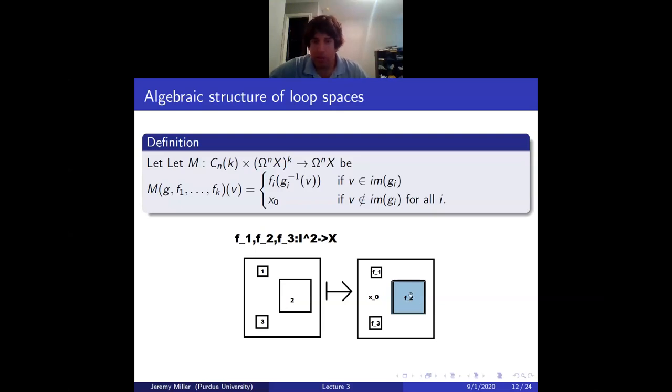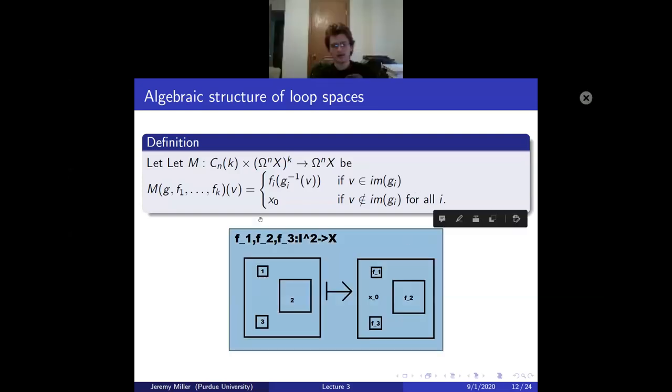So you've given me a point in this little cube. We have a homeomorphism between this little cube and a standard cube. So you gave me this point, take the inverse of the identification of the little cube with the big cube, and then apply the function F2. And then that gives us a point in X.